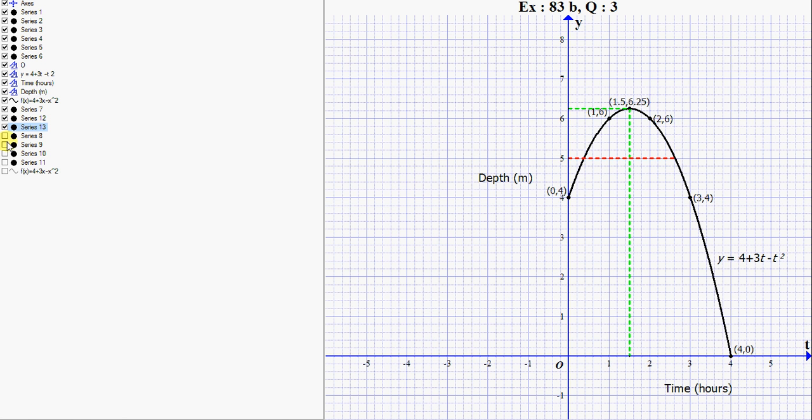So at this point t will be 0.38 hours. This is almost accurate, but you can write 0.4 also, it's not a problem. Actually from the graph we can see it is 0.4, but accurate value is 0.38.